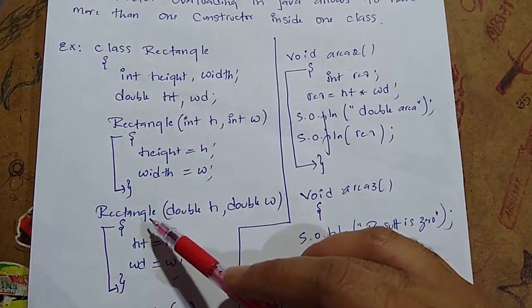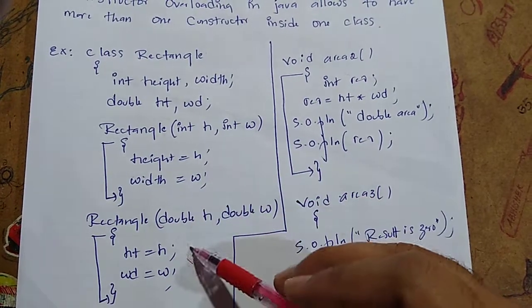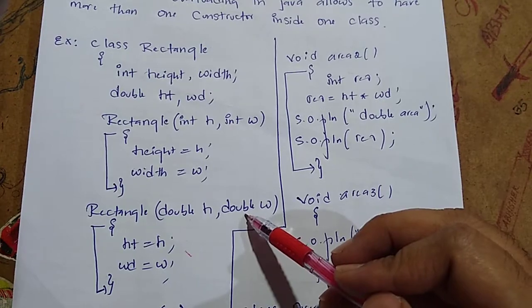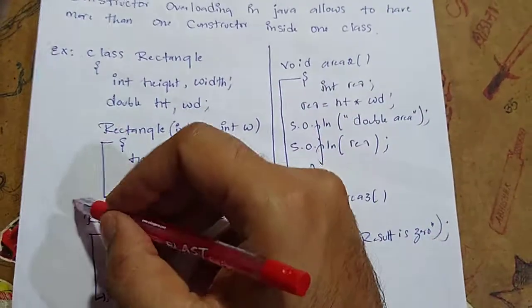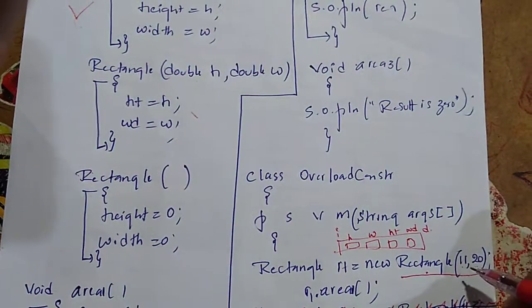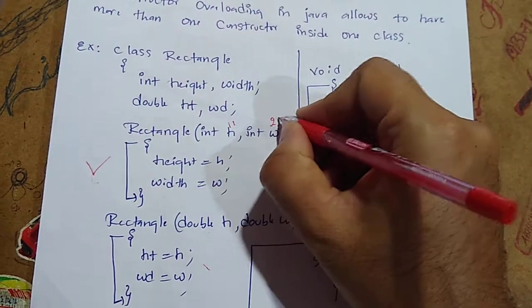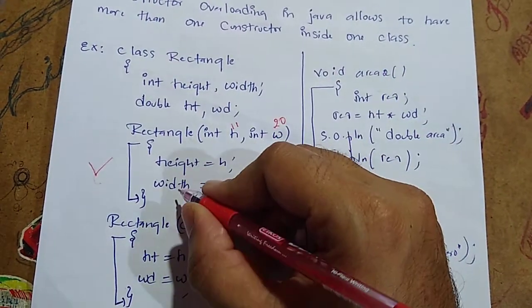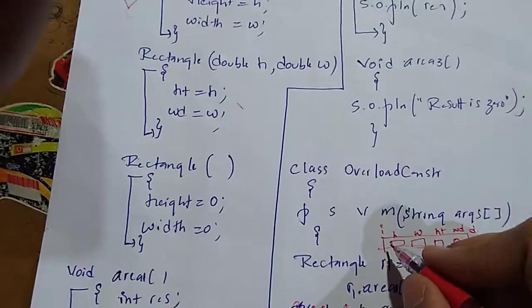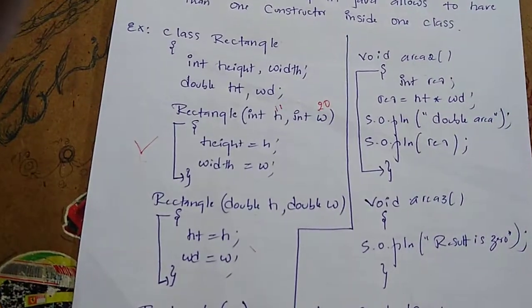We have two Rectangle constructors, one taking two integer values and one taking two double values. The first one will execute, because we are sending 11 and 20. So 11 will be copied over here and 20 will be copied to W, and they will be assigned to height and width. For the integer height and width, it will store 11 and 20.